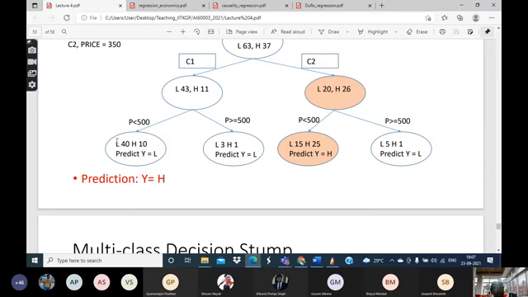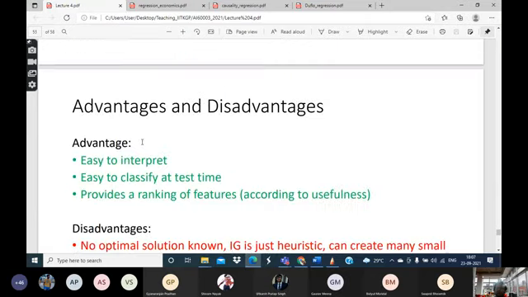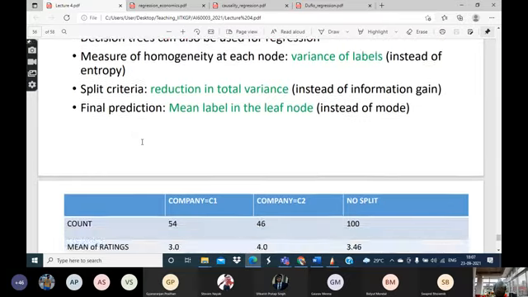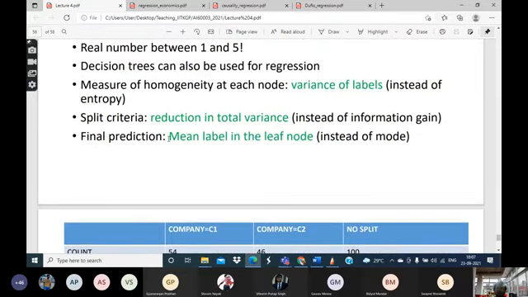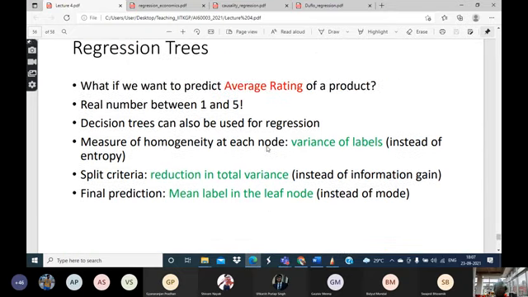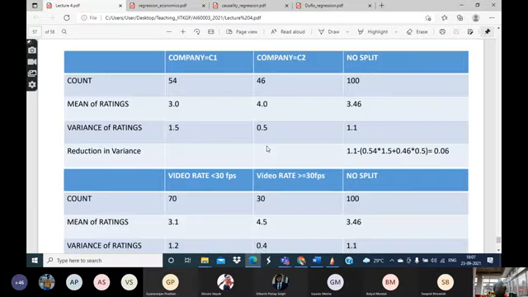But if the labels were real values, then probably there will be no two examples which have the same label. So it will not make sense to measure the frequencies in that case. So what will we do? The answer is, when we are making the final prediction, instead of going for the modal level, you simply go for the mean value of the levels, right? They are real numbers, so you can take a mean of that.